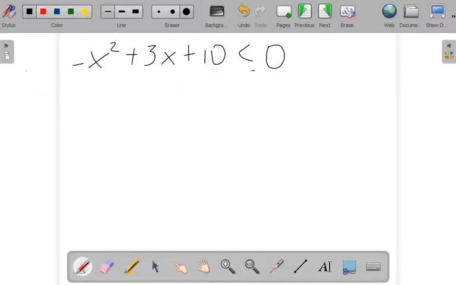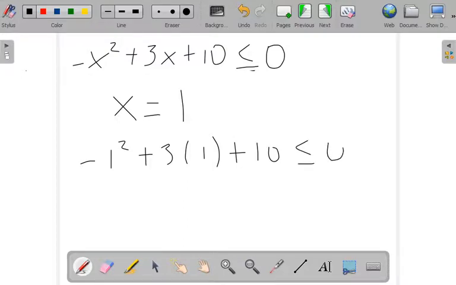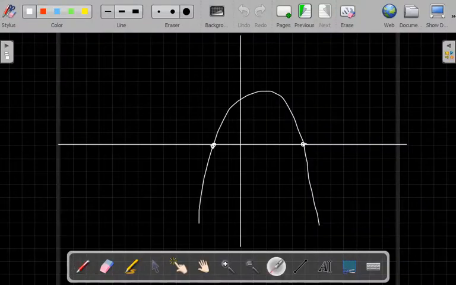So if we set x equal to 1 and substitute that back in, we're going to have negative 1 squared plus 3 times 1 plus 10 is less than or equal to 0. So if we do that, we get negative 1 plus 3 plus 10, which is 12. Is 12 less than or equal to 0? No, it is not, right? So we are not going to include these values in our inequality.